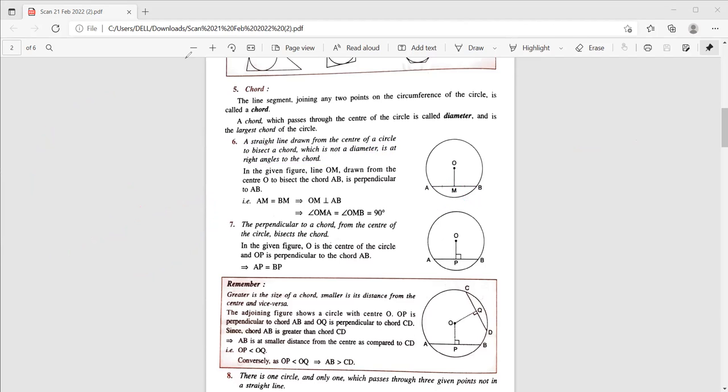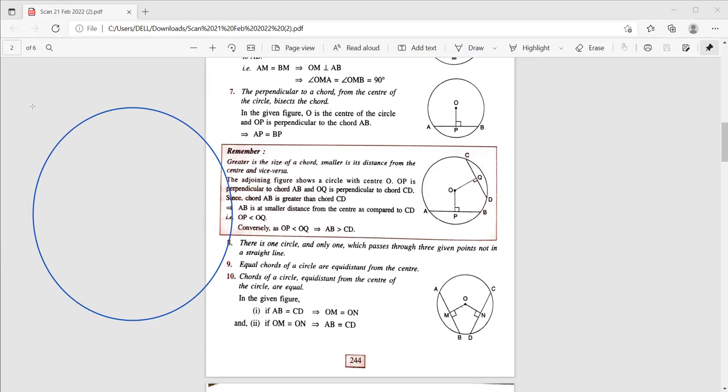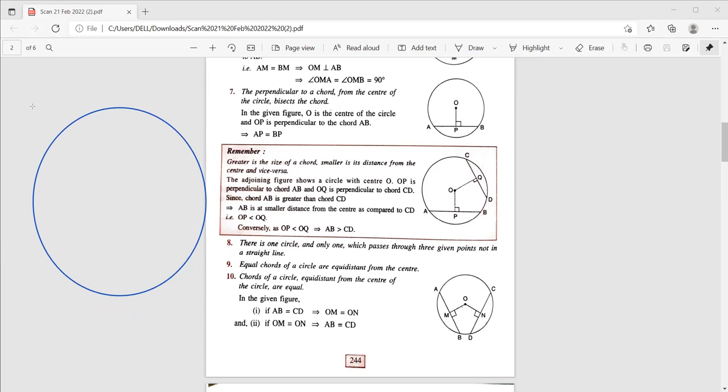See, the next one is something to be remembered. Greater is the size of a chord, smaller is its distance from the center, and vice versa. So here we have a circle, and the center of the circle is somewhere here.